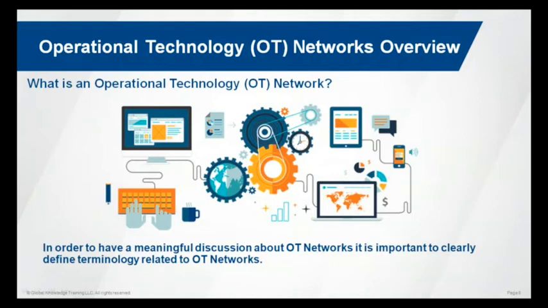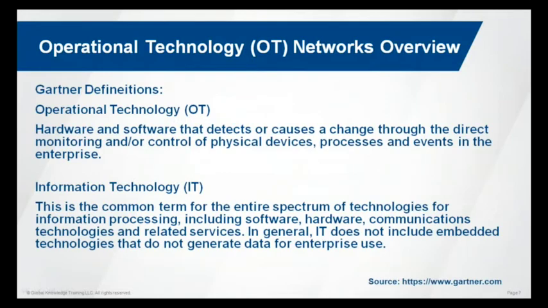According to Gartner, an OT network, operational technology network, is any hardware or software that is mainly dedicated to control systems. So how do you manage and monitor these control systems in your environment?